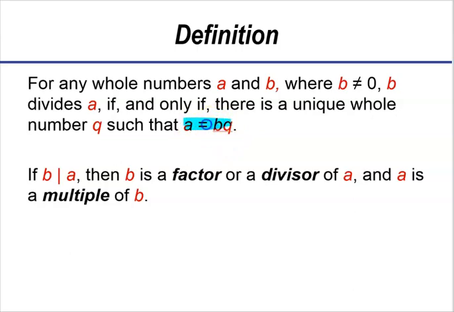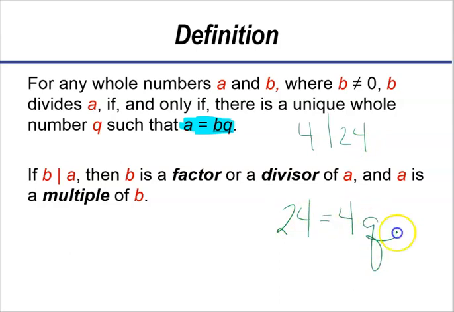So we can say, for instance, let me just give you an example. We can say 4 divides 24. And the reason is we could say 24 is equal to 4 times some number Q, where Q is the quotient.